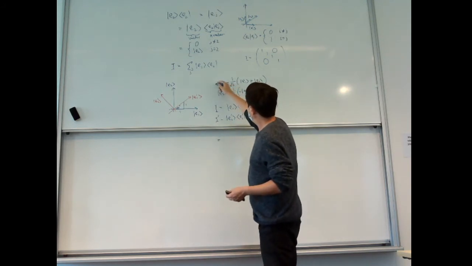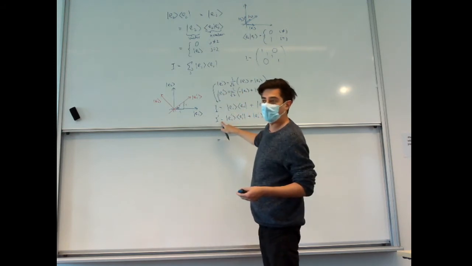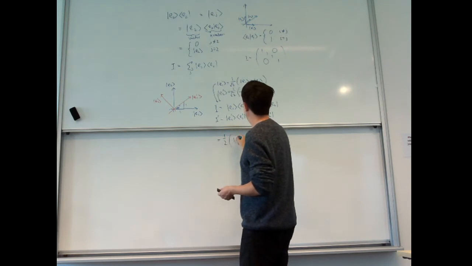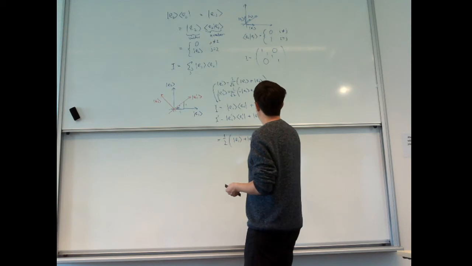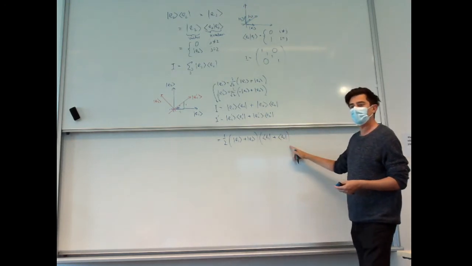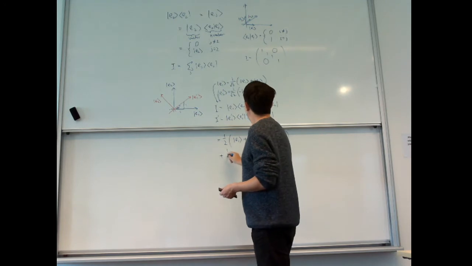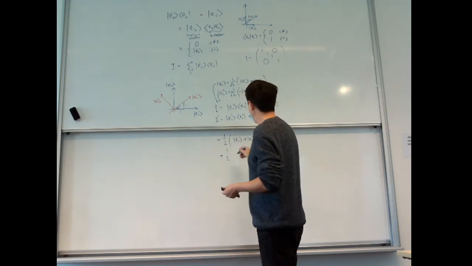So I'm going to basically put all the definitions into I dash. Then I'm going to get E1 plus E2 and E1 plus E2, but these are conjugate vectors, right? And for the E2 dashes, it's the same, but there's a minus sign here.